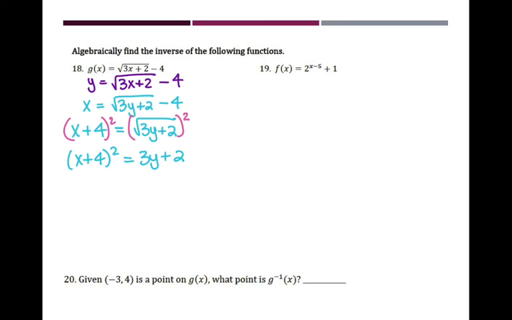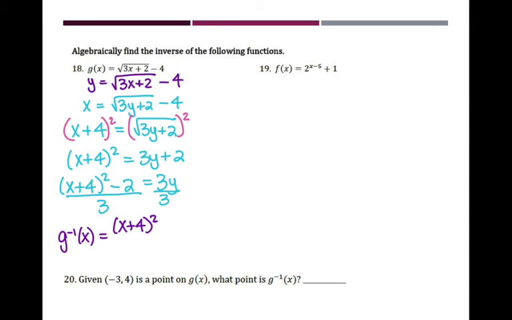I'm going to subtract 2 from both sides. So I have x plus 4 squared minus 2 equals 3y. And then finally, divide by 3. I am going to write this in function notation. So my final answer is g inverse of x equals this giant fraction. So x plus 4 squared minus 2 over 3.